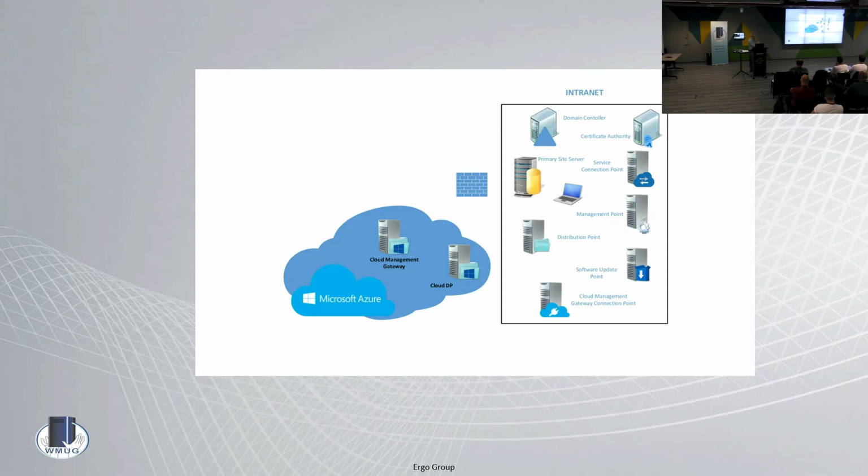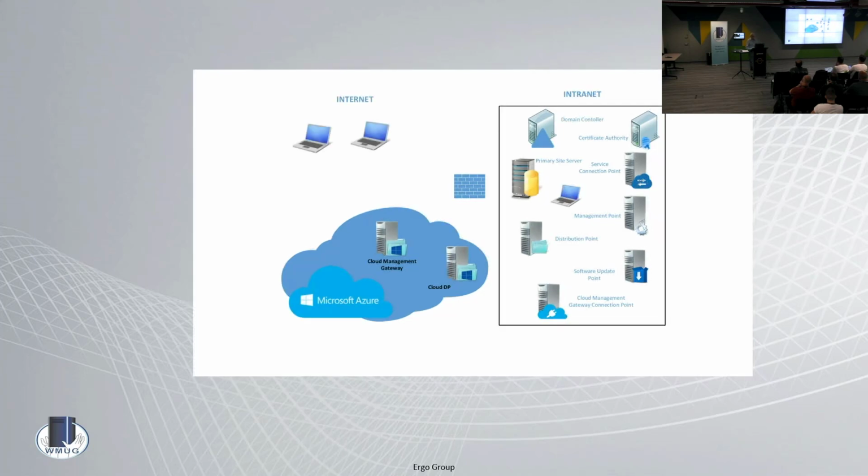Here you can see our Cloud DP and our Cloud Management Gateway, which now are one virtual machine. The connection point then gives us a reliable encrypted connection over the internet to the CMG. And then Config Manager publishes the connection information and the security settings to the CMG itself.